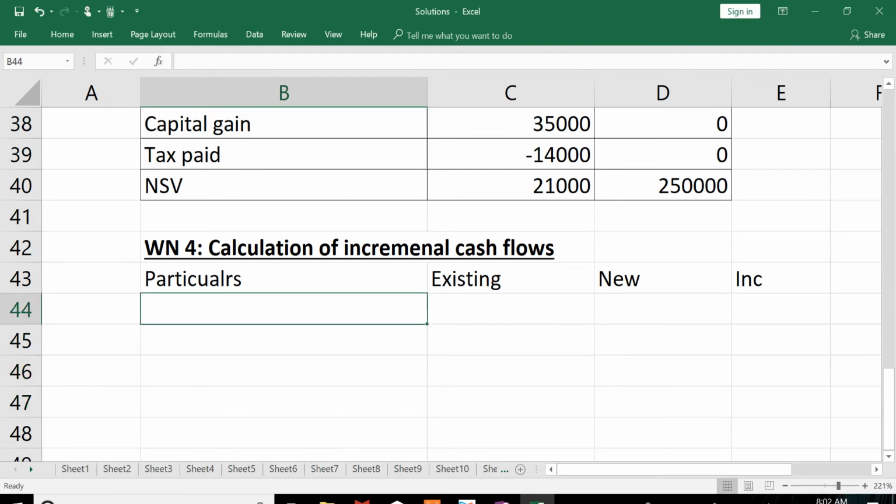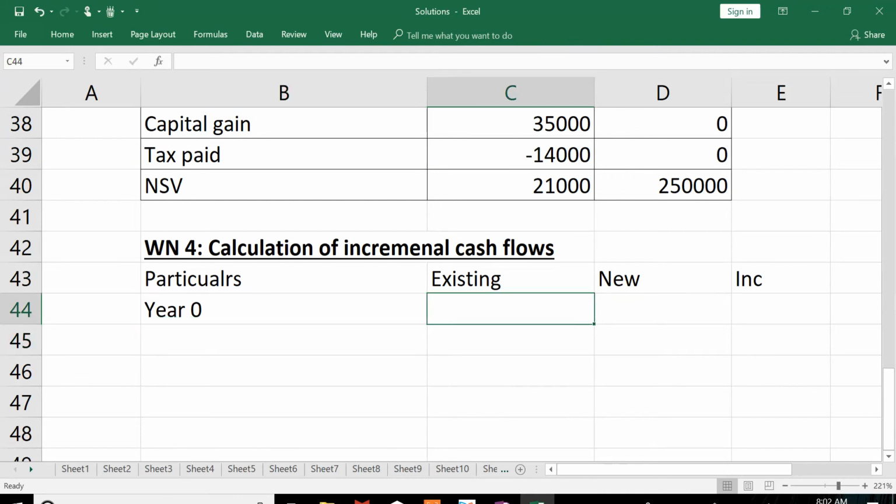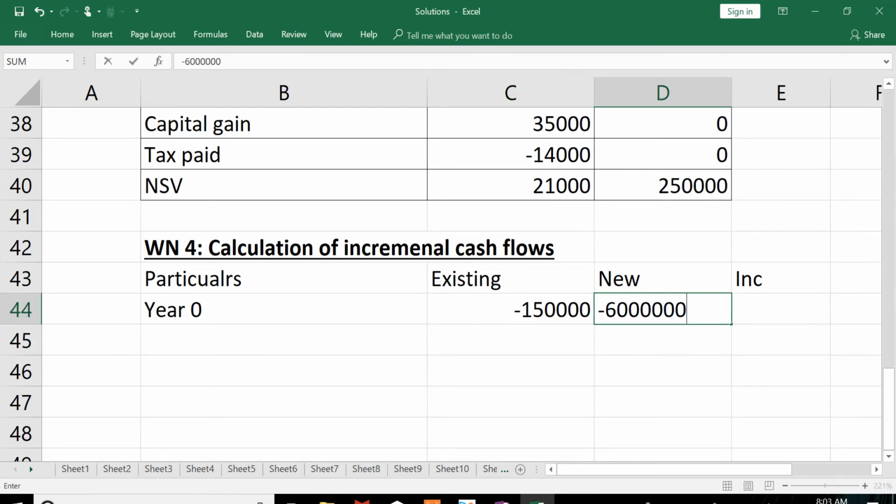Start with year 0. What's the year 0 outflow for the existing machine? 1,50,000. I'm just copy pasting the numbers, and I'll tell you what is to be done. New machine, 60 lakhs.